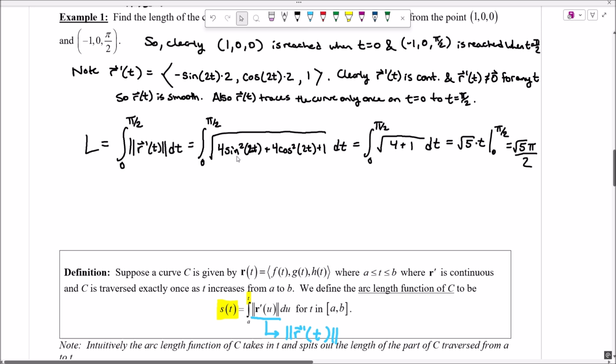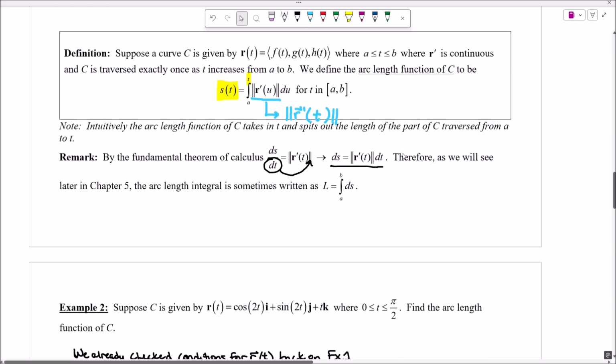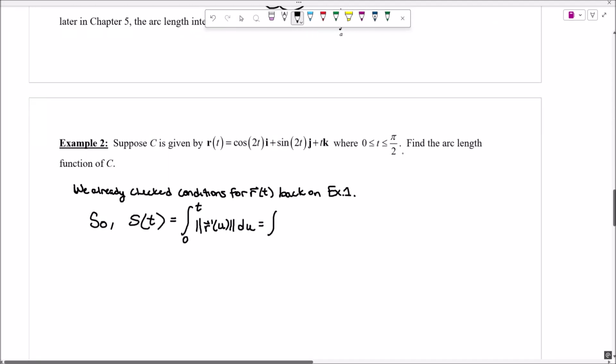And I'm still going to have 4 sine squareds and 4 cosine squareds. And they're still going to be able to add up, and I'm still going to end up with an integral of square root 5. So down here, I'm going to rewrite this. This is just going to be an integral from 0 to t of the square root of 5. Notice now, I still just have my du, so when I do my antiderivative, I'm going to get root 5 times u. Then, of course, I can go ahead and evaluate this. And so what I get is root 5 times t.